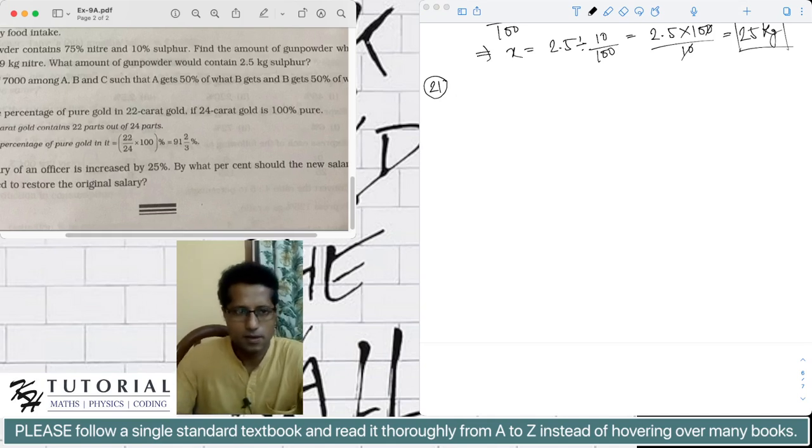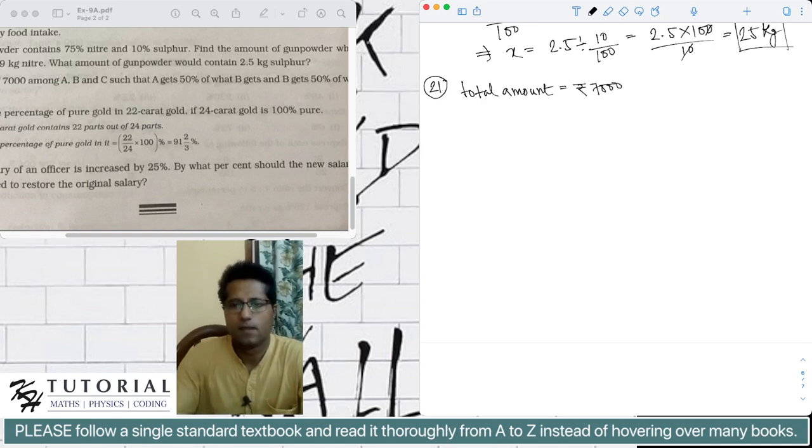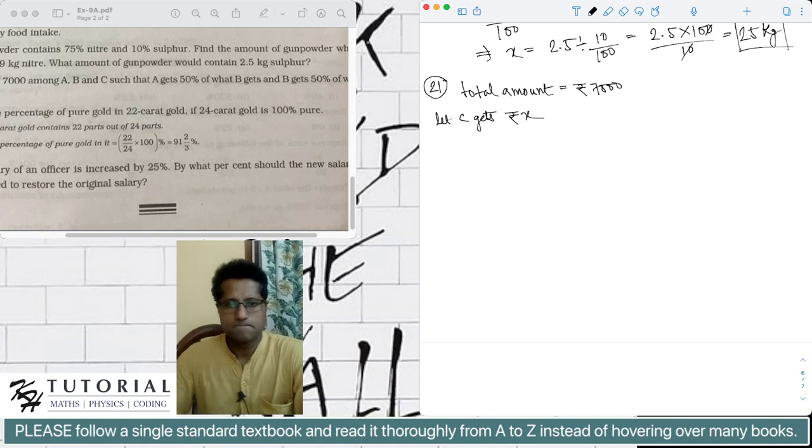So the total amount is given to be rupees 7,000. Let C get rupees X. We are assuming that C will get rupees X.